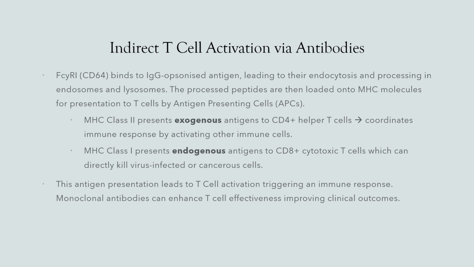So this antigen presentation leads to T cell activation, from a naive T cell to an activated T cell, and it triggers an immune response. Monoclonal antibodies can enhance T cell effectiveness and improve clinical outcomes, making T cells better at killing infected cells or cancerous cells.